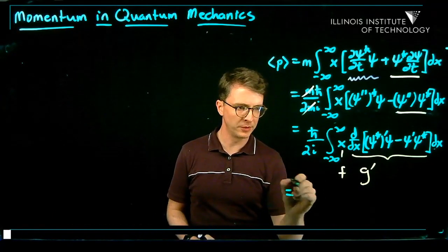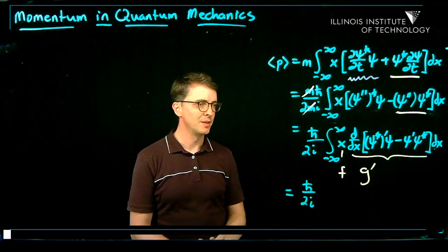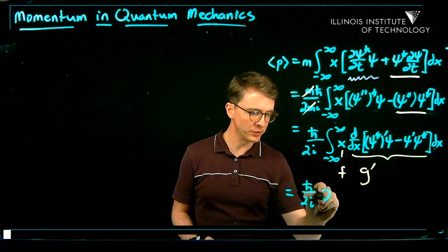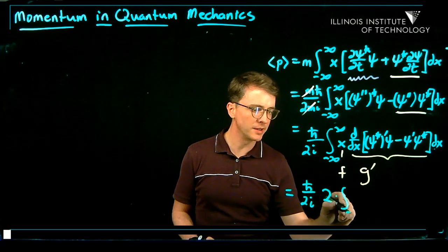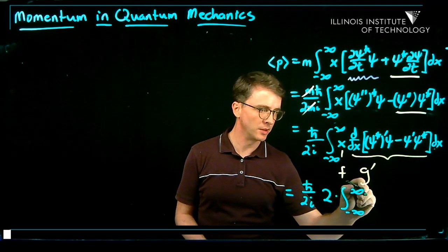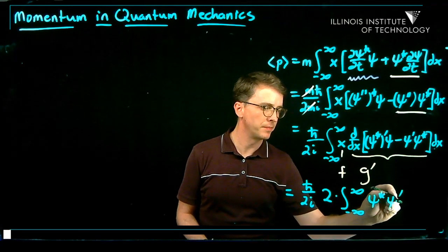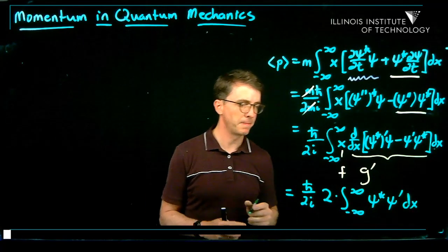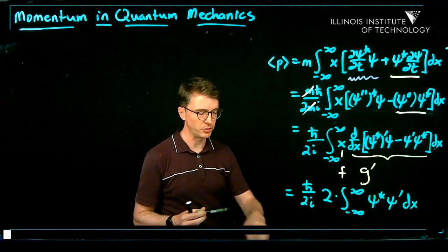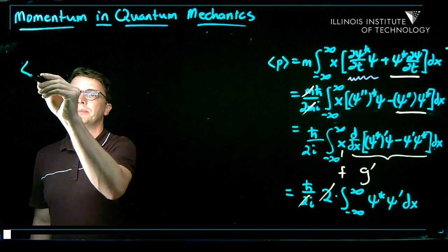So the last simplification was h bar over 2i. And then there were two terms which looked exactly the same, minus infinity to infinity. And it was psi star psi prime dx. Right? And of course the 2's cancel. Okay, so let's just clean it up a little bit.